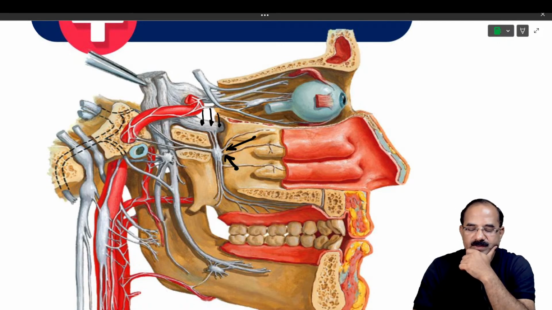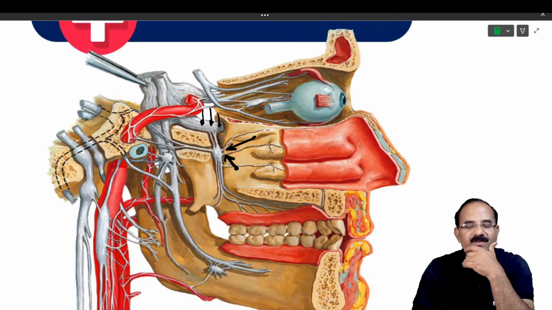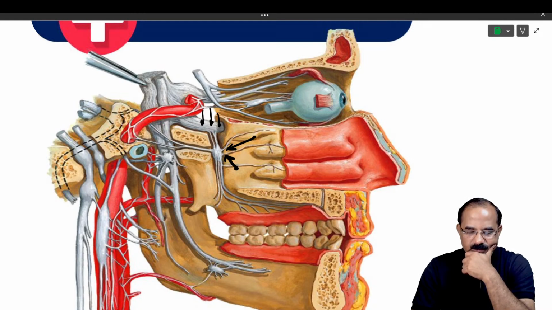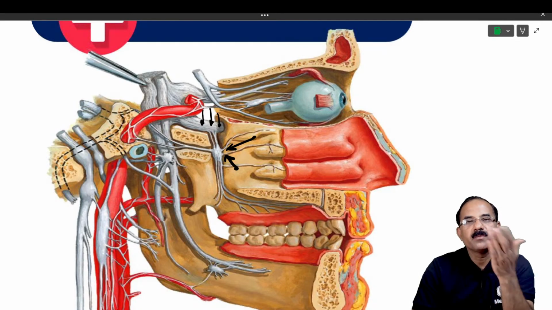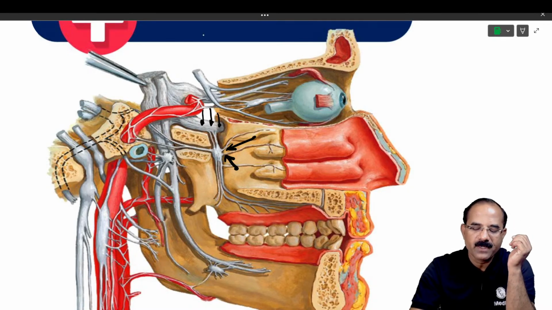What is that nerve? Ganglion is hanging. देखो ना, hanging from the nerve. बोलो बच्चों, fast, fast, fast. Maxillary nerve. Okay, that's maxillary nerve. Very good.